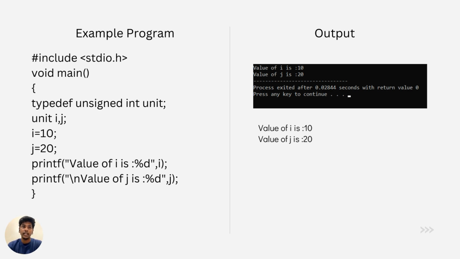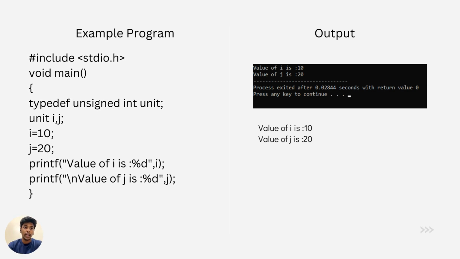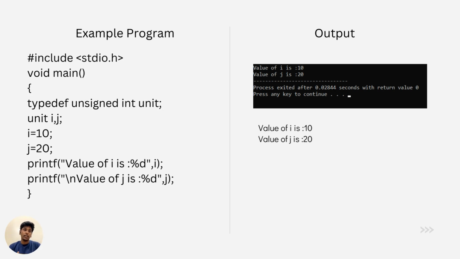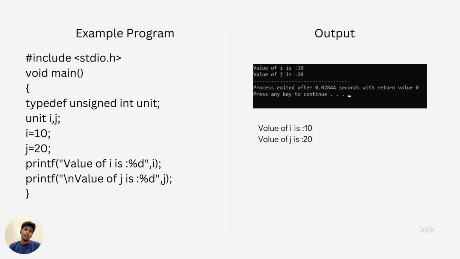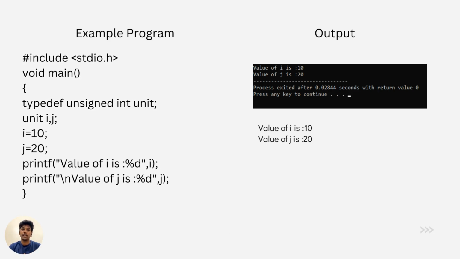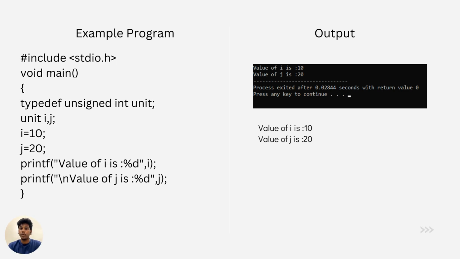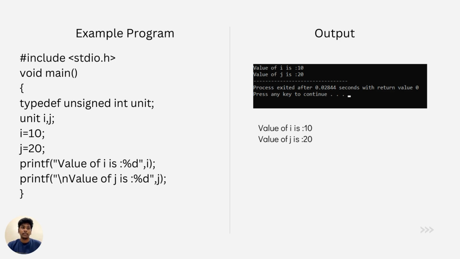It literally means that unit is the alias for unsigned int. Then I'm going to assign some values to i and j, that is 10 and 20, and print both of them. So the output is value of i is 10 and value of j is 20. This is a simple example program illustrating typedef.